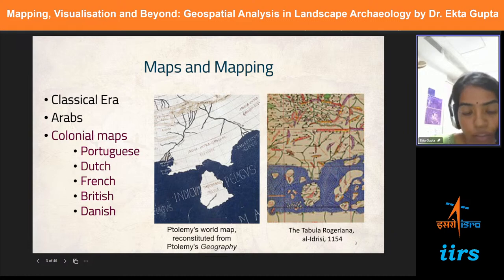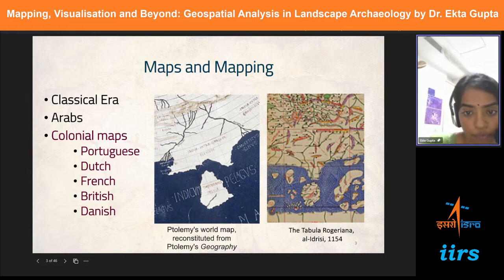If we talk about India, the mapping started taking place for the coastal regions first, because the colonial powers came through the coast, and because they first entered the coastal area, they started mapping the coast first.